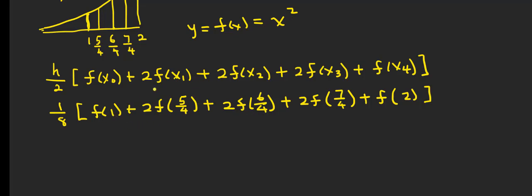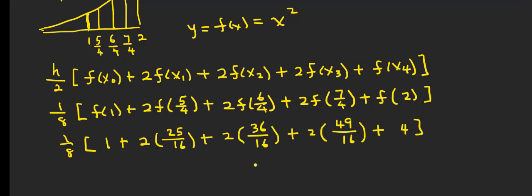So in order to find f of 1, you've got to plug in 1 for x. And if you want to find f of 5 over 4, you've got to plug in 5 over 4 instead of x and so forth. So you get something like this.